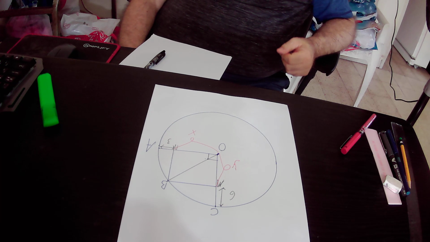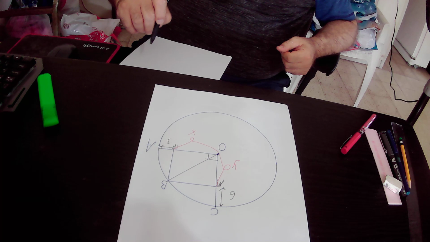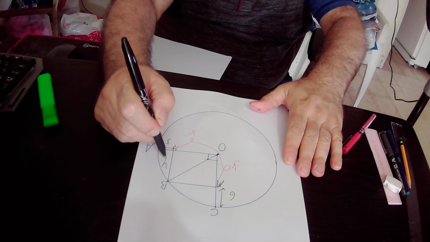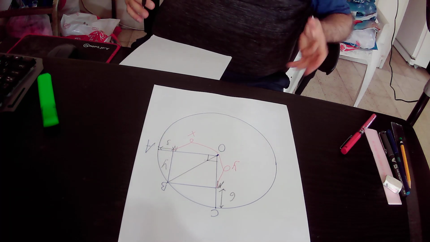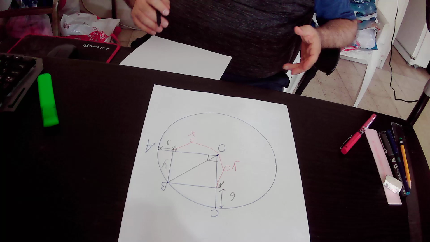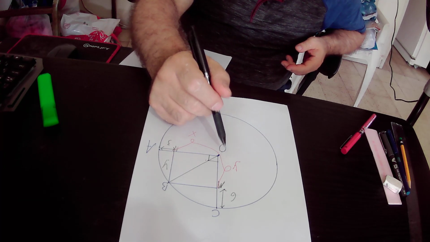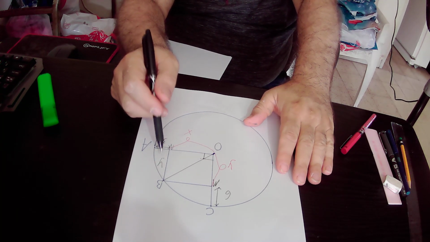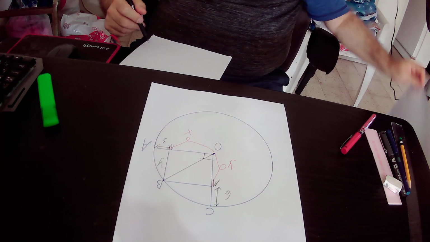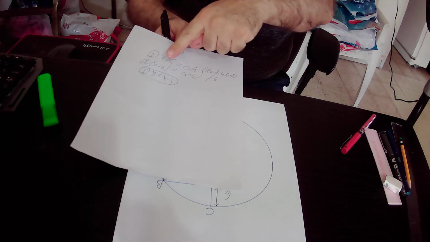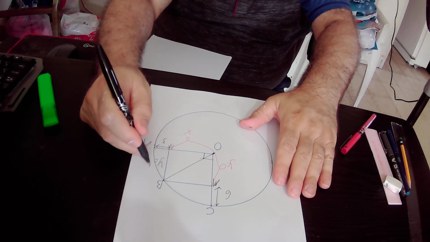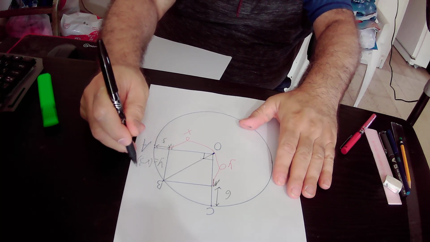So if side OM equals y, then the parallel side BN must also be equal to y because parallel sides in a rectangle are equal to each other. But we know that y equals x minus 3, so we can write here that BN equals x minus 3.